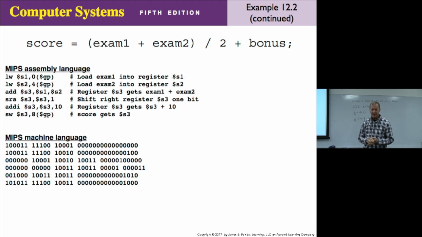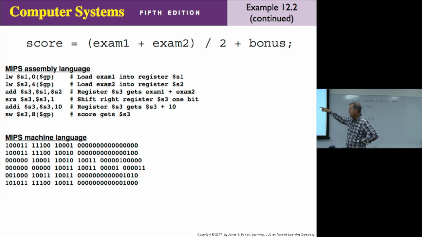And here is the code for translating score gets exam 1 plus exam 2 divided by 2 plus bonus. So let's just do a little code walkthrough here. The first LW is load word into what? Register $S1.